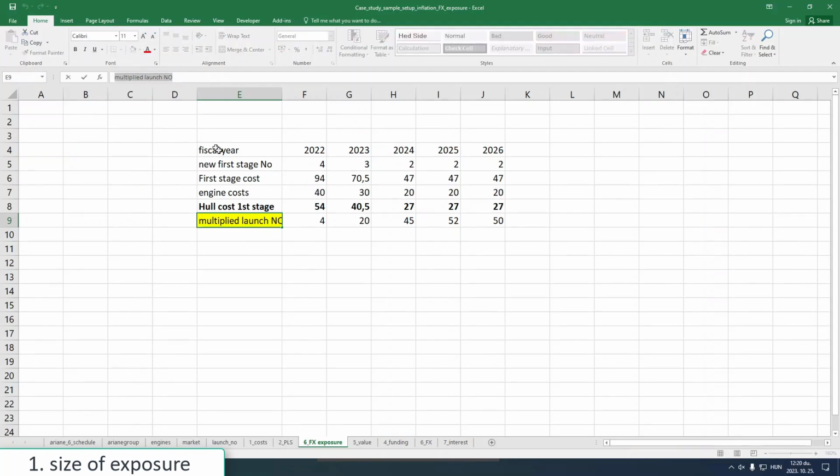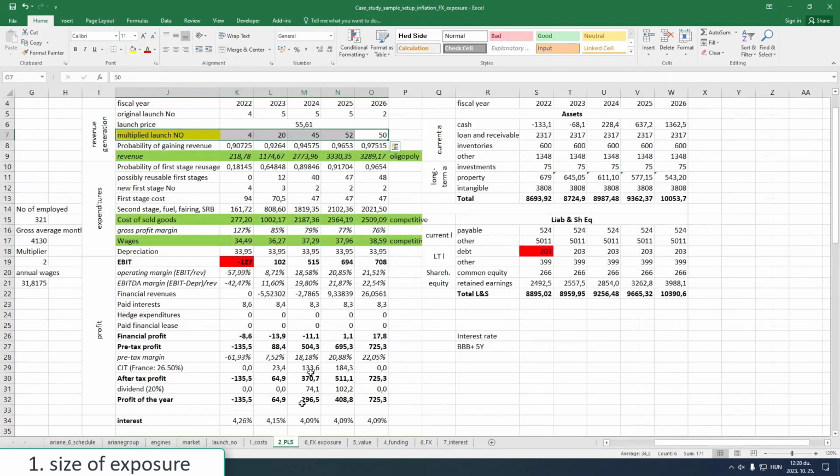So let's say new second stage numbers, and again we can grab the second stage. Oh my god, fuel. Why did I add fuel here as well? Come on.